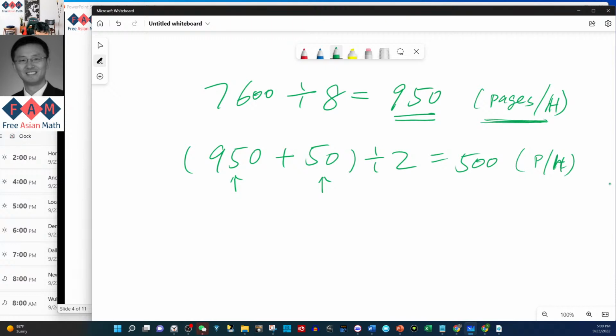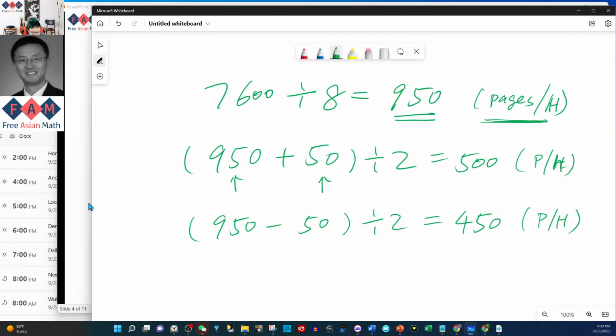And what is the other one? It's the smaller one, the slower printer, that is Lexmark. The sum subtracting the difference, divided by 2. And this is 900 divided by 2, so this is 450 pages per hour. And this is another quantity we need to figure out.